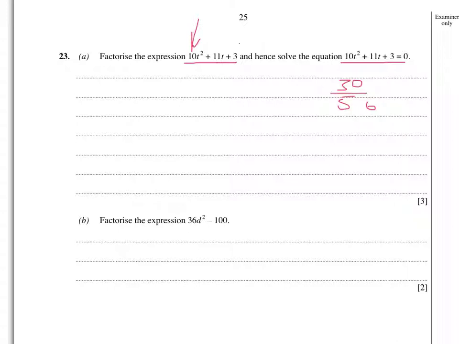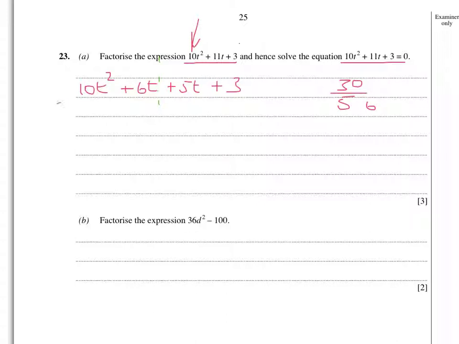Right, so that means we'll take our 10t squared, split the 11t up into 6t and 5t, and that is the same as that. Now I'm going to cut it in the middle, factorise each half.